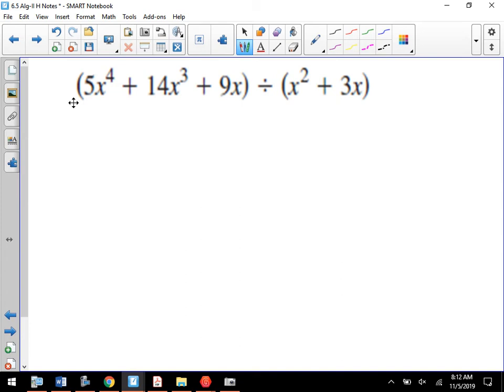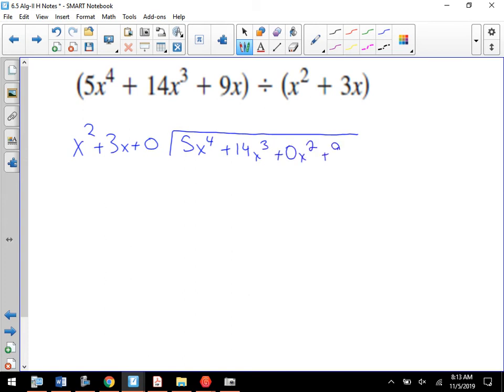So I know on the outside I have an x squared plus a 3x plus a 0. On the inside I have 5x to the 4th, 14x cubed, 0x squared, 9x, and a 0. I have to have placeholders no matter what I do.